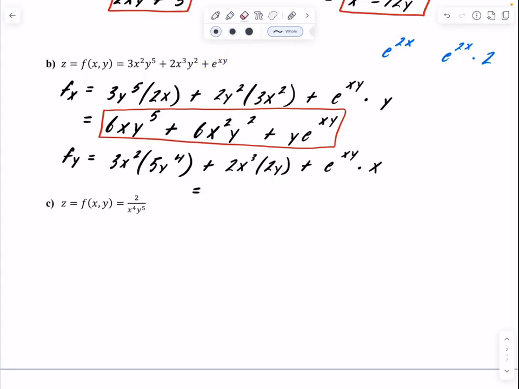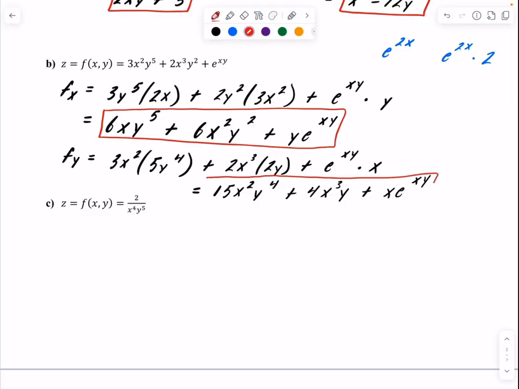Cleaning this up, this would be 15x squared y to the 4th plus 4x cubed y plus x e to the xy. Please note the form, so when you move on to the activity questions, you will know the correct form for the activity to tell you you are correct.